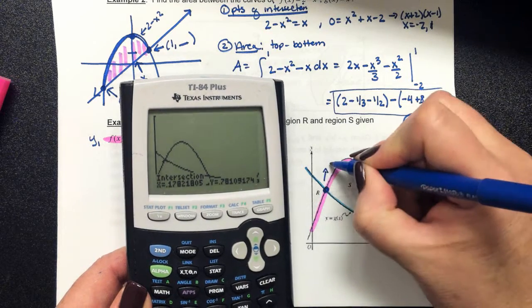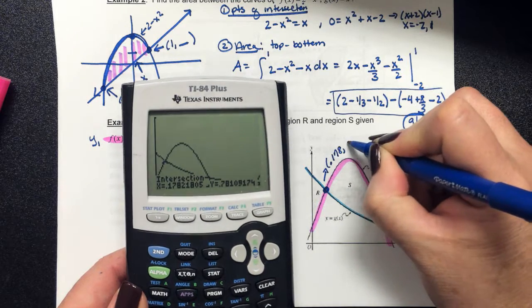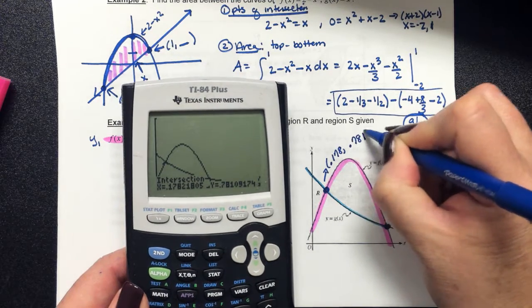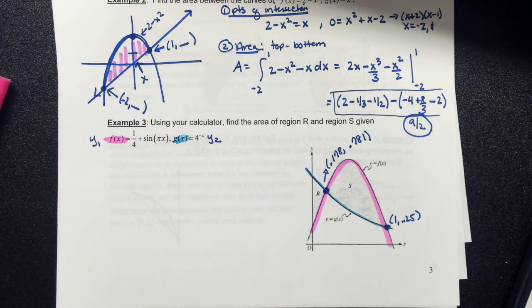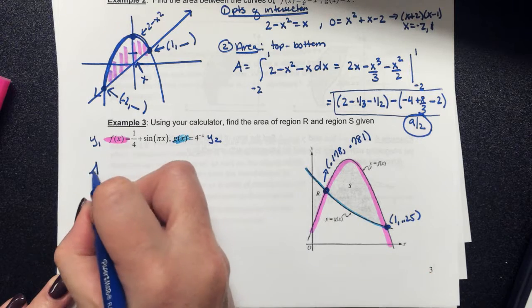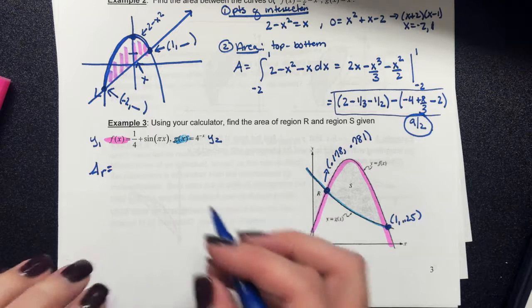So this point's going to be 0.178 and 0.781. I just get in the habit of writing both the x and the y because later on in this chapter you may need to have both the x and the y. So now let's talk about finding the area of region R. So notice the function on the top is your g of x.